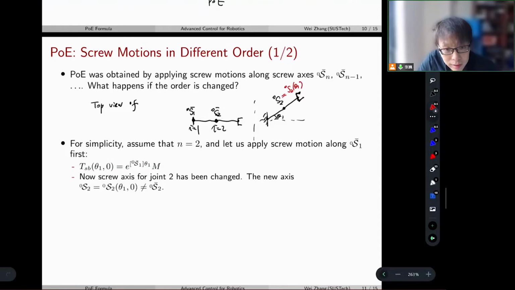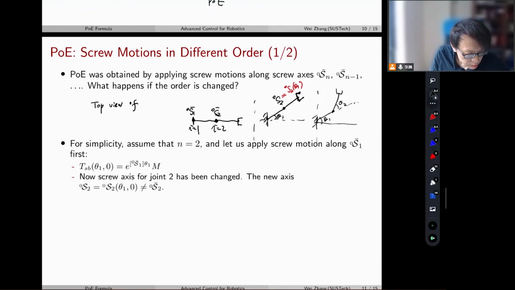Depending on how much I rotate the first joint, my axis is located at a different position in space. So the axis got changed. Then I can apply another rotation about this screw axis. So this is my theta 1, this is my theta 2. Let's do this order to see what will happen.